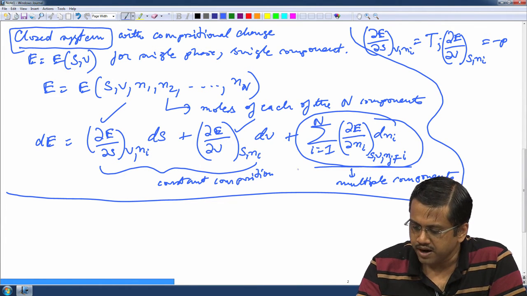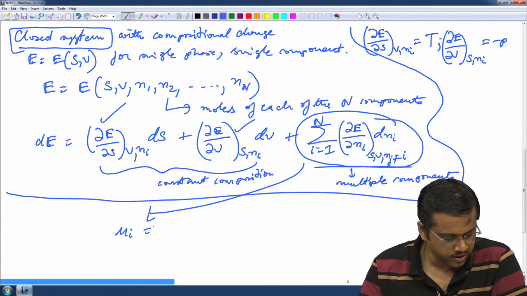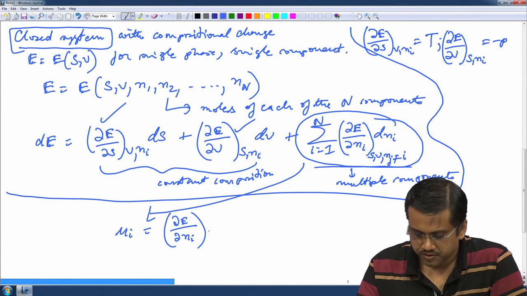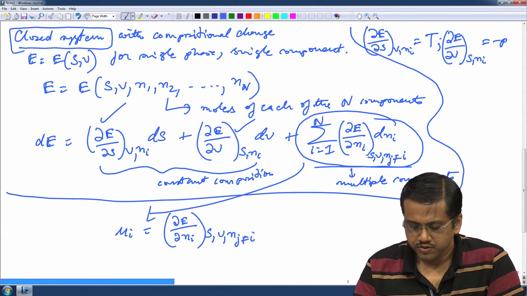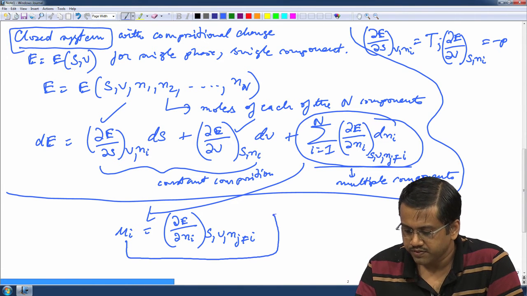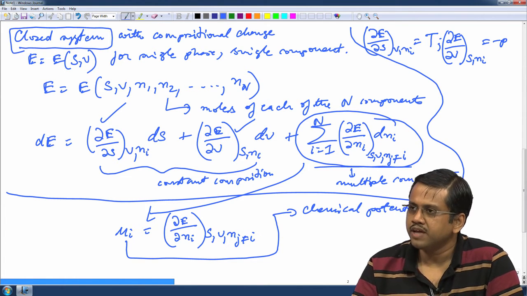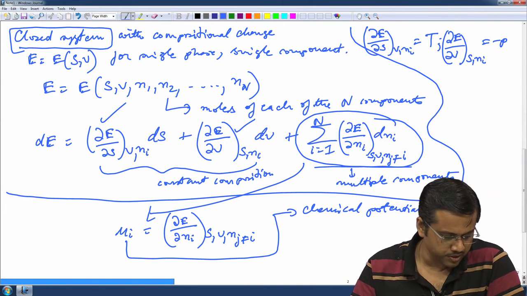So, this particular part is nothing but something called mu i. This is basically called the chemical potential. The fancy name of this is the chemical potential. This is the chemical potential of the ith component essentially, right. So, that is the summation of all the chemical potentials. Okay.